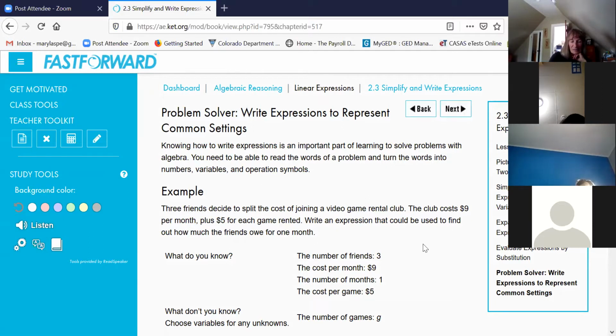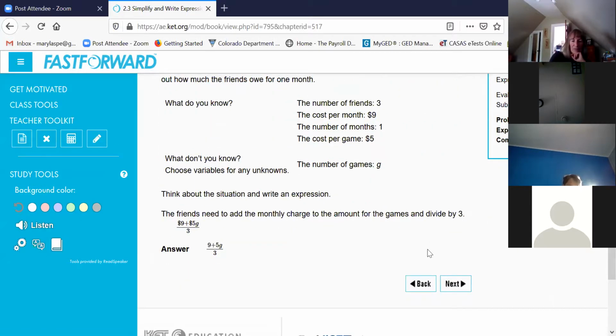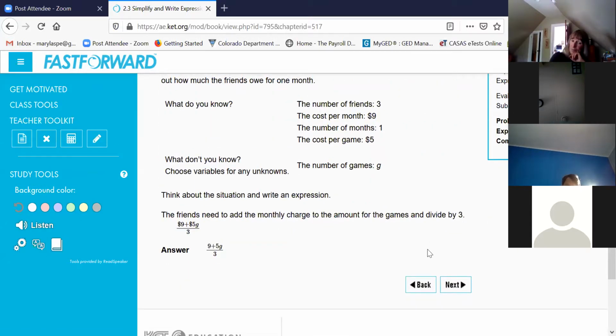3 friends decide to split the cost of joining a video game rental club. The club is $9 plus $5 for each game rented. Write an expression. Oh, okay. So the friends need to add the monthly charge, which is the $9, and then $5 per game.